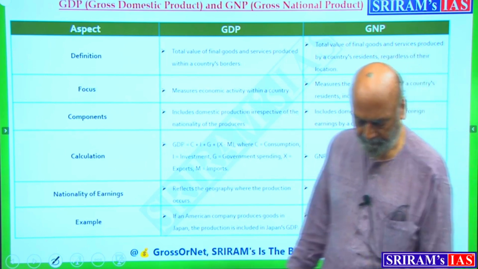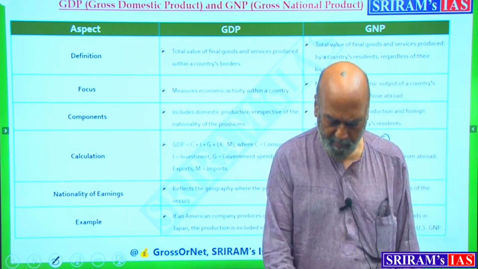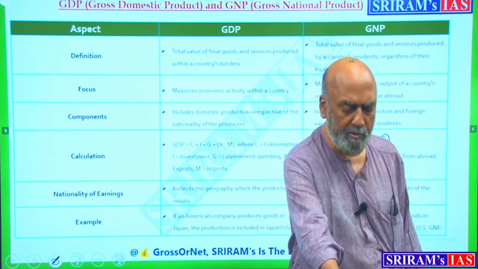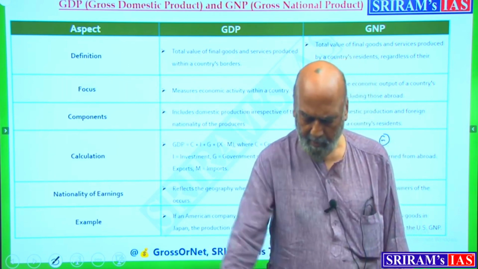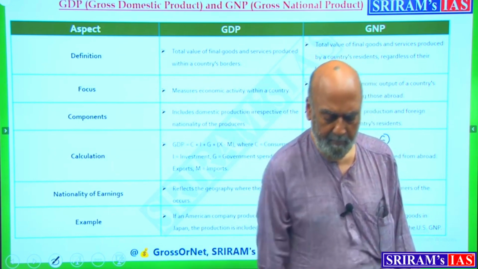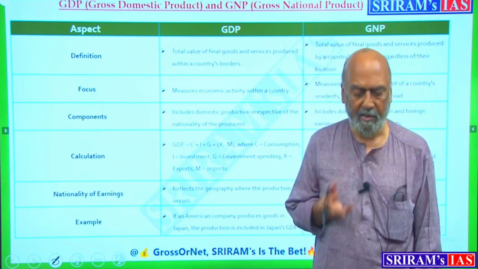See, foreigners are producing 10 rupees. Indians are producing 9 rupees outside India. Cut the 10 out, 100 minus 10 is 90. Add the 9, 99. So your DP is 100, your NP is 99.